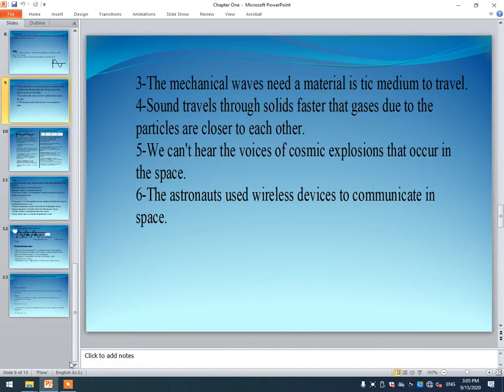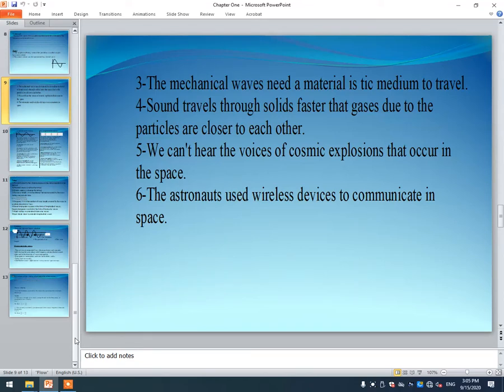And here in air, the molecules are very far away from each other, so the jumping of energy from molecule to molecule takes time. So the speed of sound in air is slower than in liquid, because the intermolecular spaces between the liquid molecules are smaller than in the air. So the jumping is easier than in the air, so the speed will get higher.